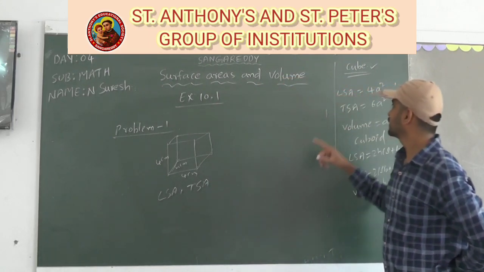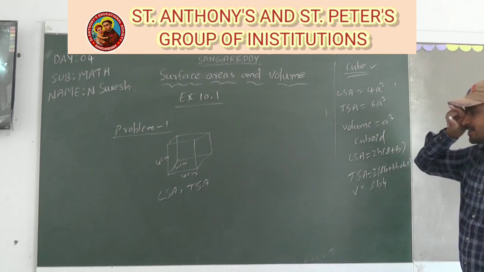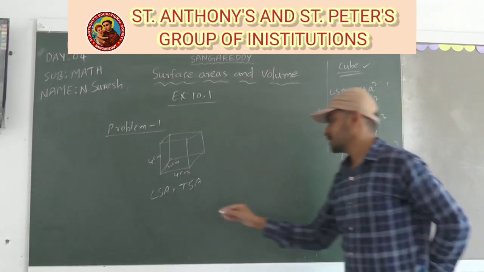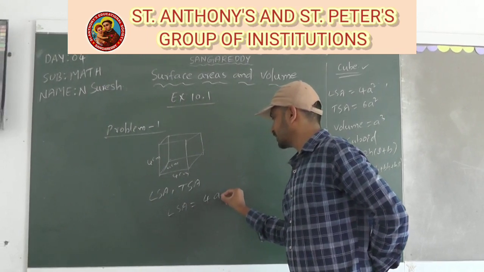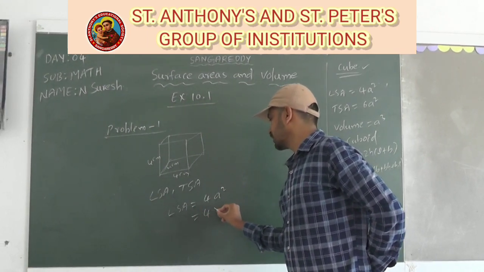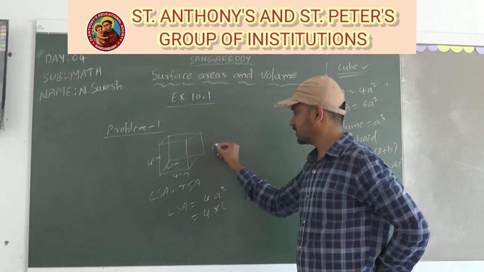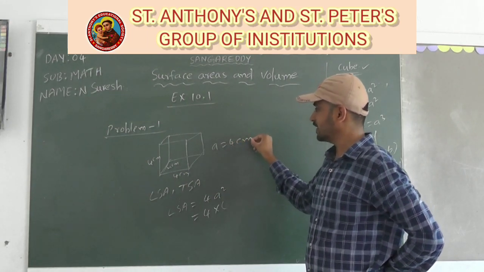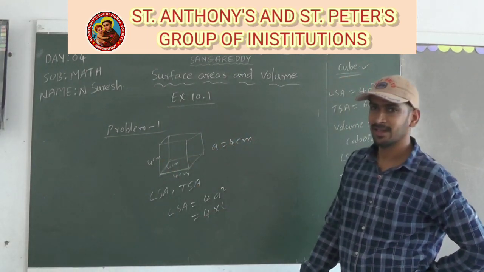So LSA of the cube is 4a square. The value is given, a equals 4 centimeters. A is nothing but the length of this side, otherwise the edge of the cube.